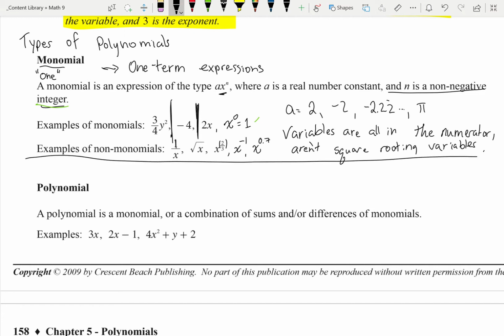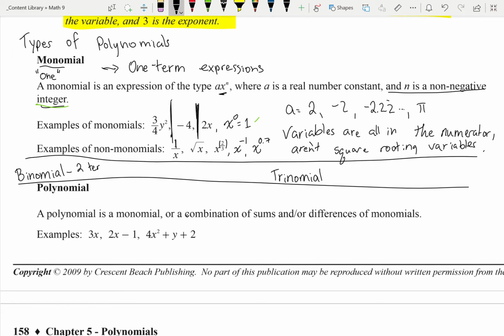I'm gonna split this up. There's two other types. There's what's called a binomial and a trinomial. Binomials are two-term expressions. Like a bicycle has two wheels, a binomial has two terms. So it follows the same rules as above for monomials. So for an example, I can have x squared plus 1.